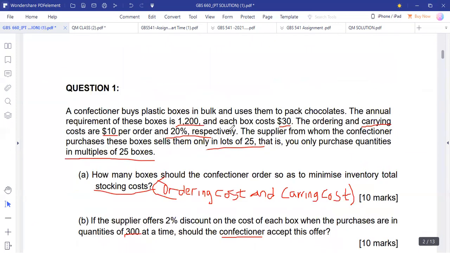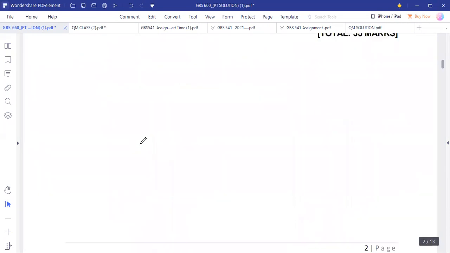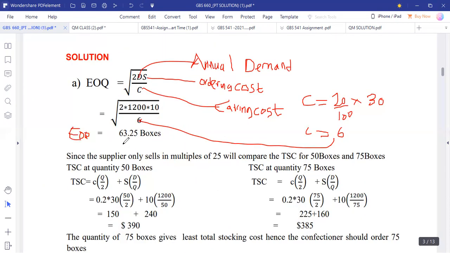In the question, they have stated that the supplier from whom the confectioner purchases these boxes only sells them in lots of 25, meaning that the 63 is not good enough, because 63.25 falls between 50 and 75.